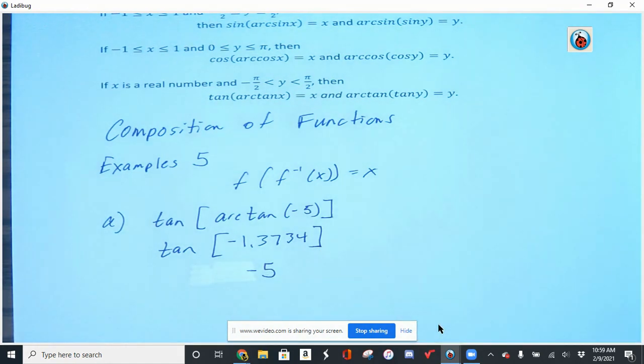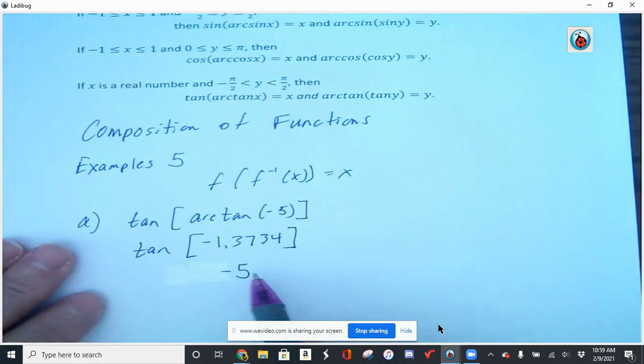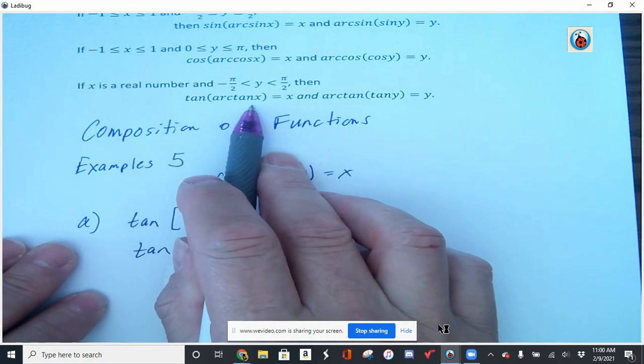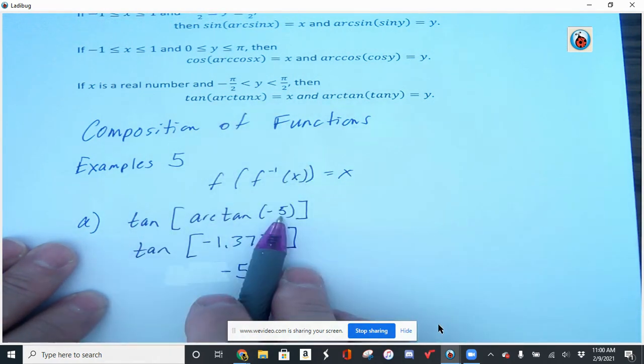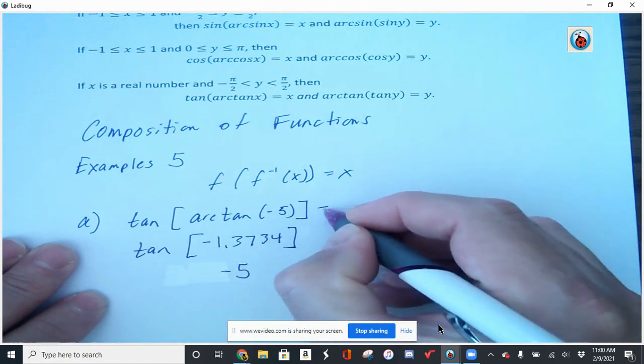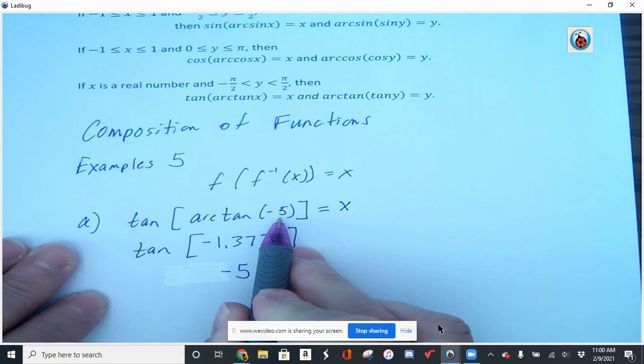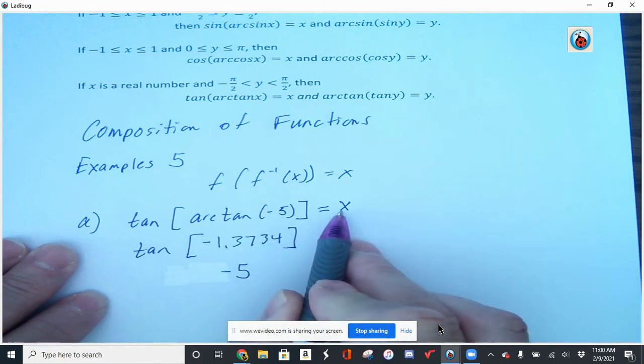So what does all this mean? It means that if I find the tangent of arctangent of whatever number, the tangent of arctangent of -5 in this particular case, then it's going to be equal to whatever that x value is. So it's equal to -5. All right, so that's the properties.